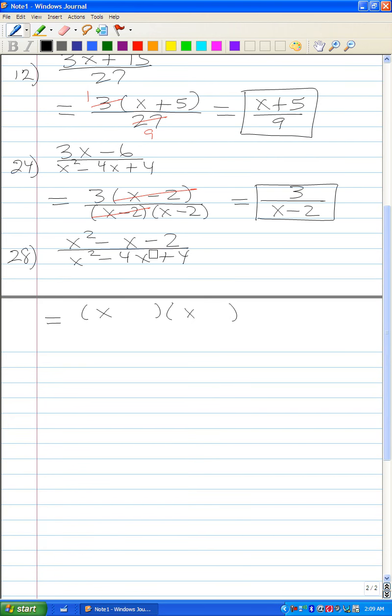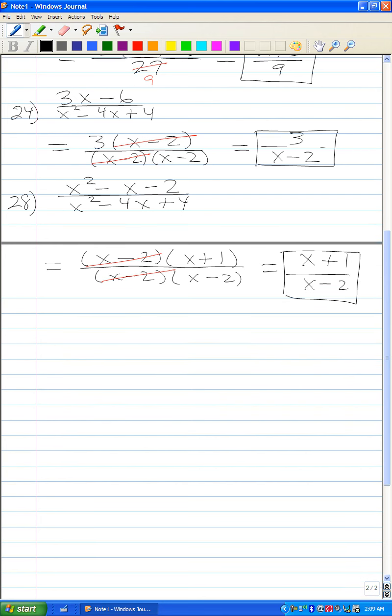So I'll bring down the minus times minus is plus. I want two whole numbers whose product is 2 and whose difference is 1. So 2 and 1. Again, this is a perfect square trinomial. And so it factors into x minus 2 times x minus 2. I can cancel the x minus 2's. So what remains is x plus 1 over x minus 2.